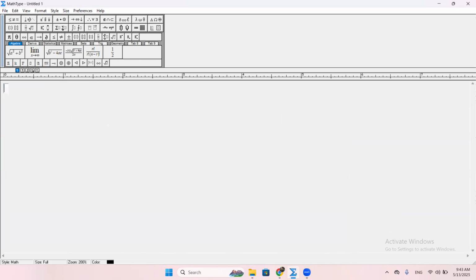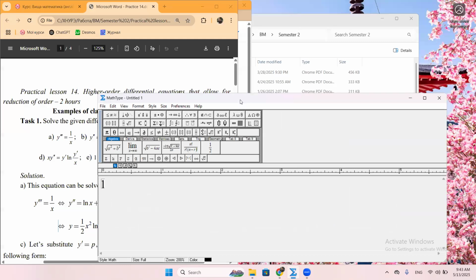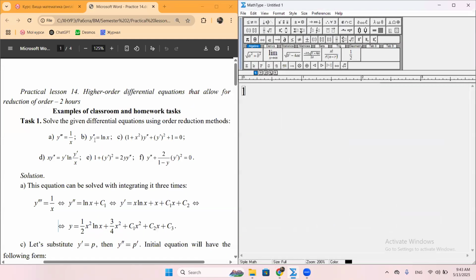Okay, if no questions, let's move next. So exercise B is analogical, even easier. So let's move to 1C. So here you will have to integrate two times. So let's do the following substitution.